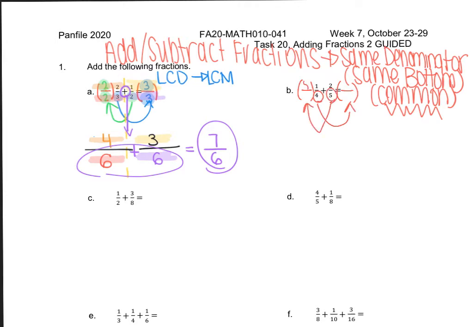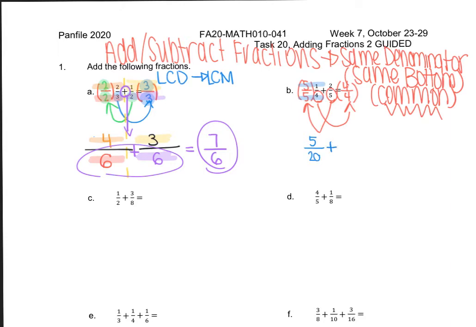So we put a 5 on the top and the bottom on the left. We take the 4 on the left and put it on the right, top and bottom. Then we do our multiplication and write our fraction. So 5 times 1 gives us 5, and 5 times 4 gives us 20.